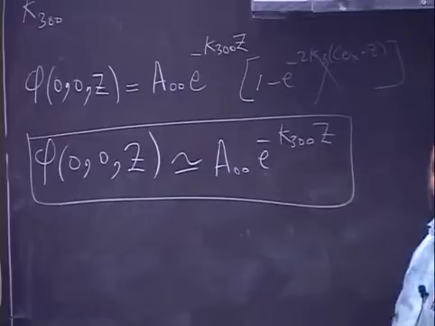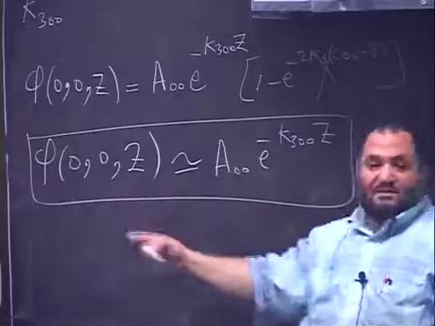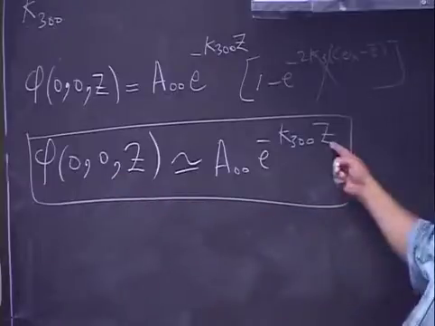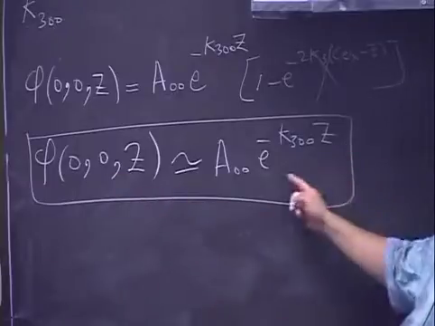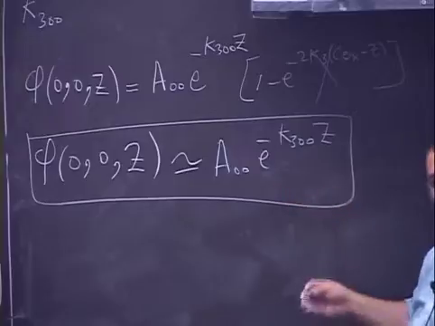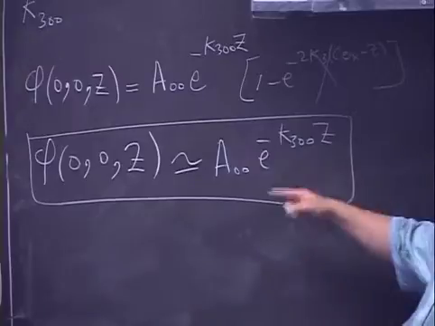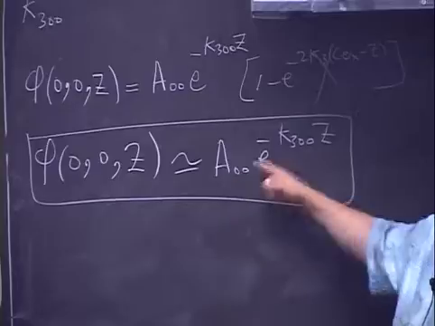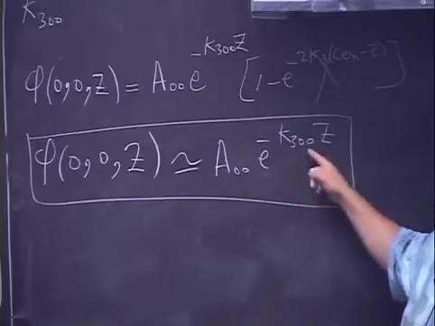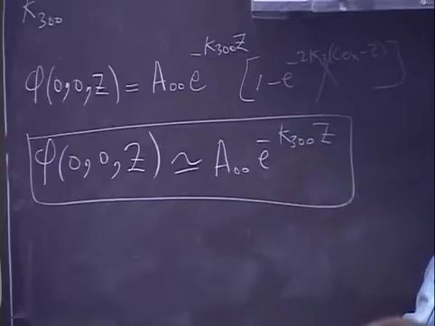This is a formula that I can use. From this formula, I can calculate the flux at several Z's far away from the border and the source, plot this, and calculate those two constants, A00 and K300.